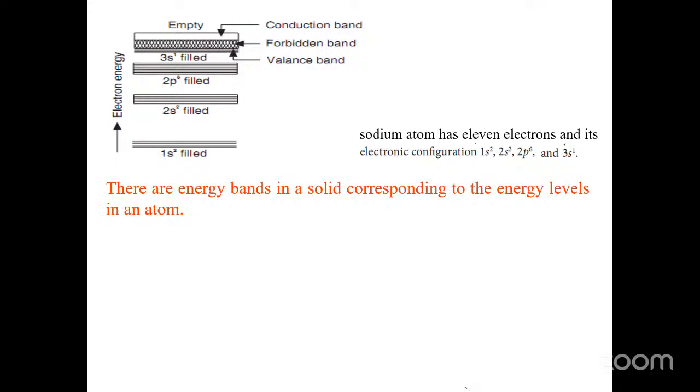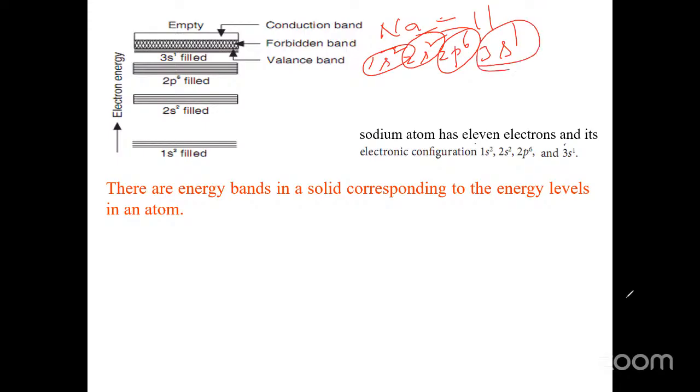For a sodium atom, the atomic number is 11: 1s2, 2s2, 2p6, 3s1. 1s2 is completely filled, 2s2 completely, 2p6 also.